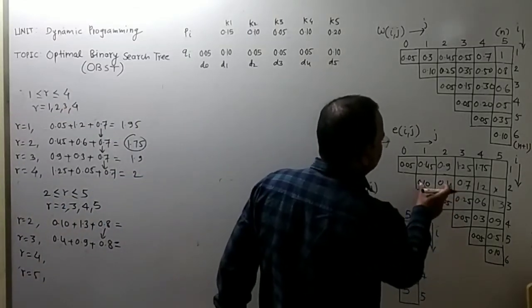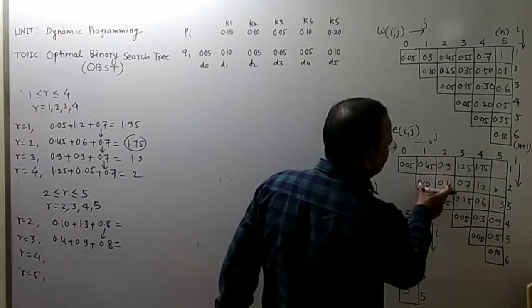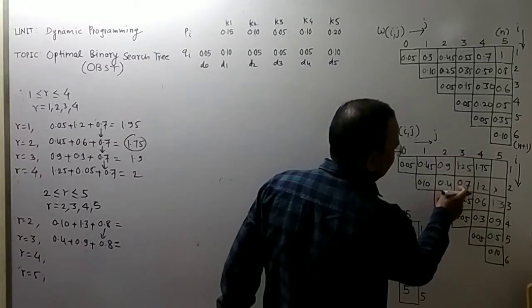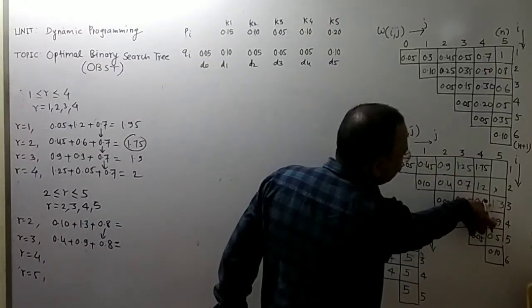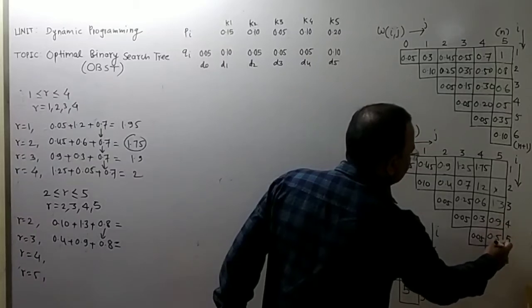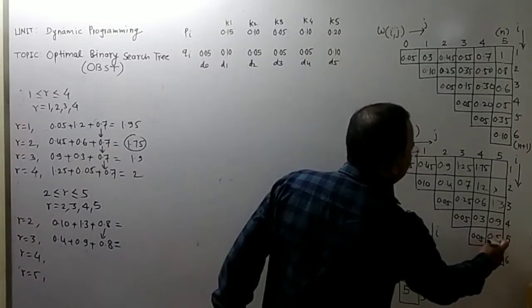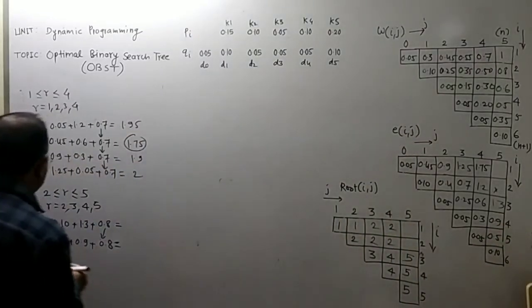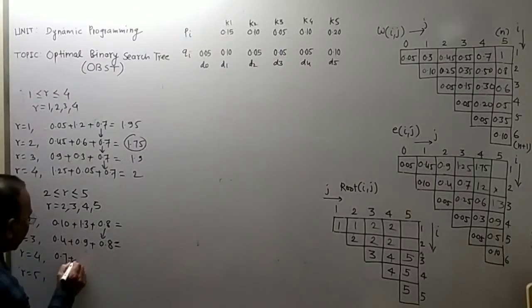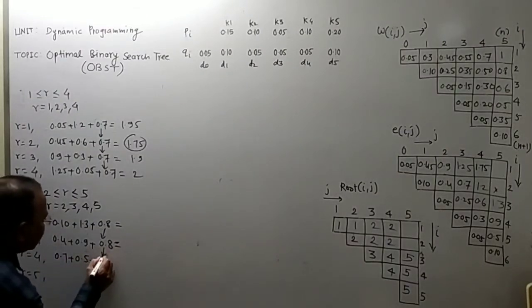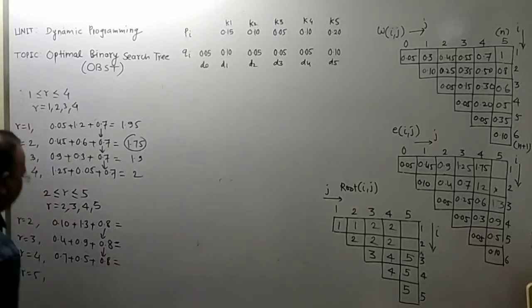Then already we have considered these two values. Now consider 0.7. Already we have considered these two values. Now consider 0.5. 0.7 plus 0.5 plus the w value 0.8 is equal to.